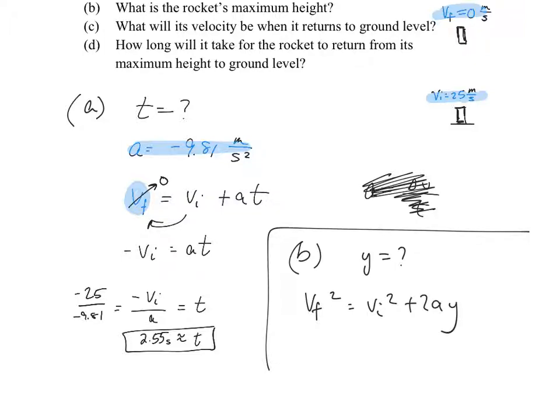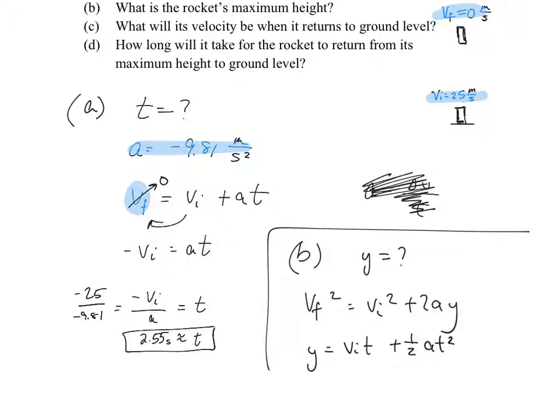Does that work? Do we know A? Do we know VF? Do we know VI? We know everything. We can absolutely solve for Y. Can I use the other formula if I wanted to? Sure. Here's the other one. I know everything else there.